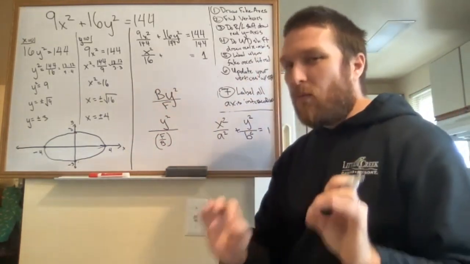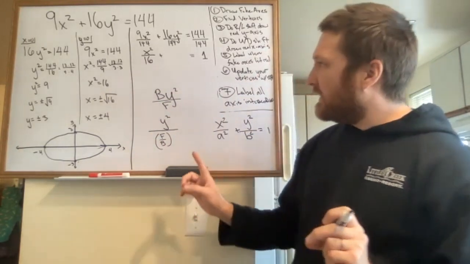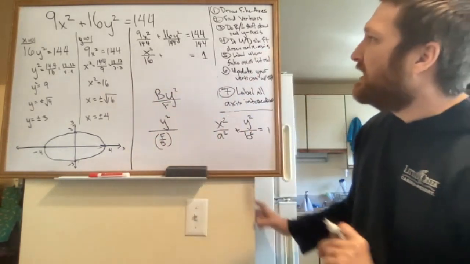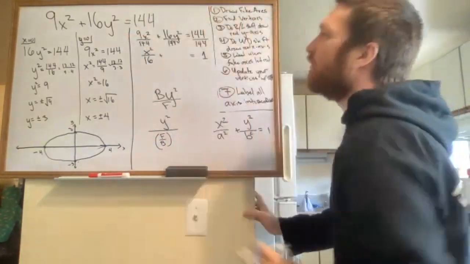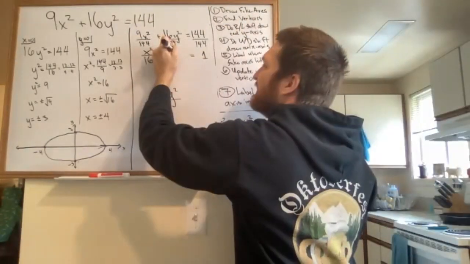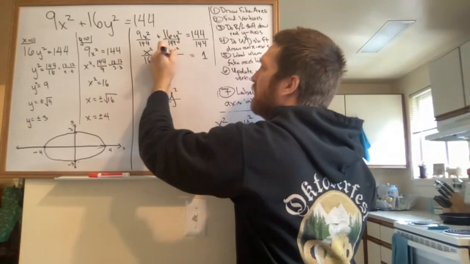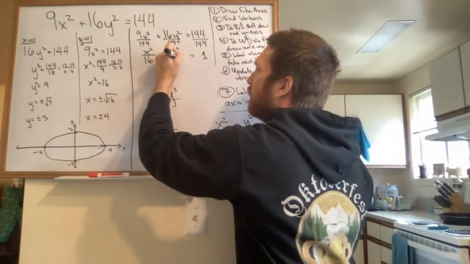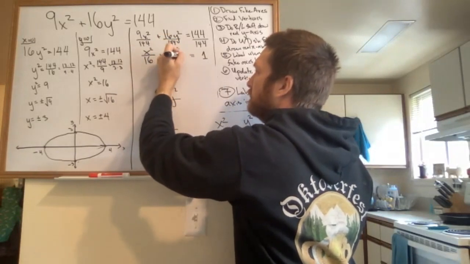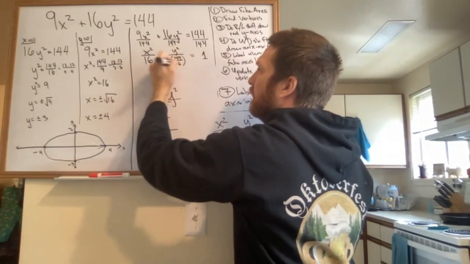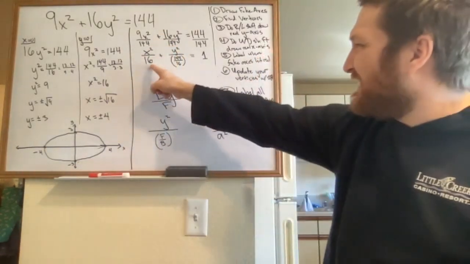I just want to make you aware of something. Right now I could say 16y squared over 144 is the same thing as y squared over 144 over 16. Isn't that basically what I did right there?